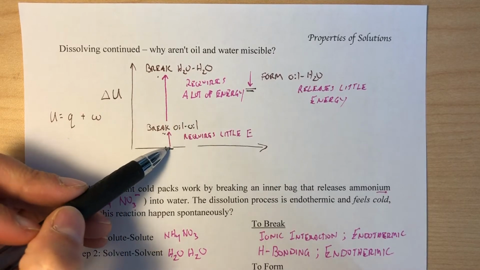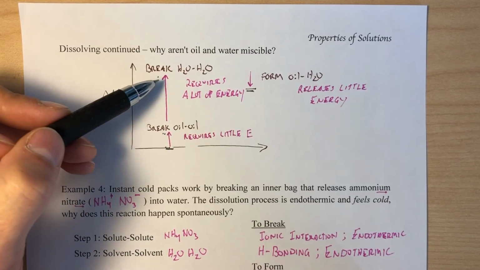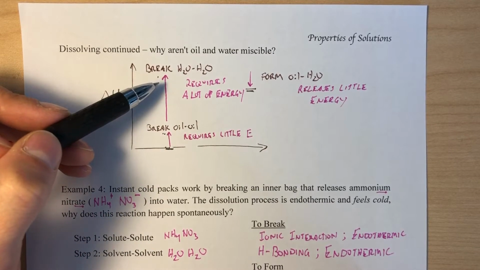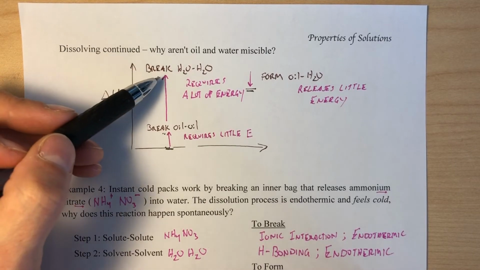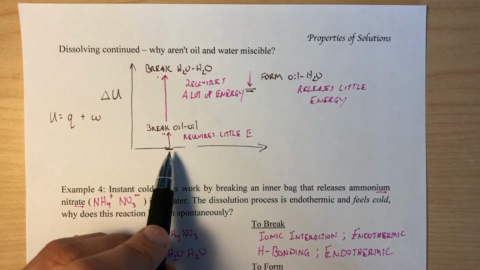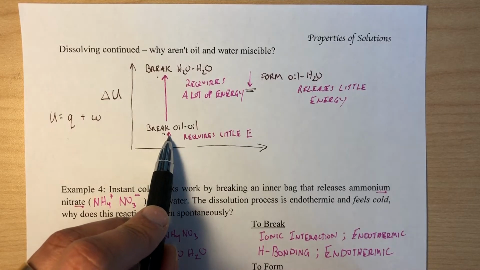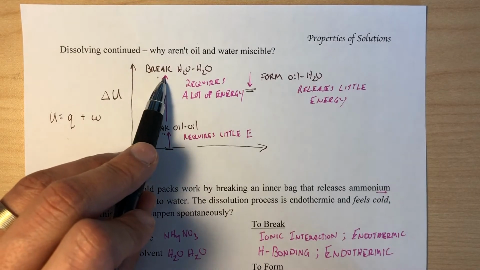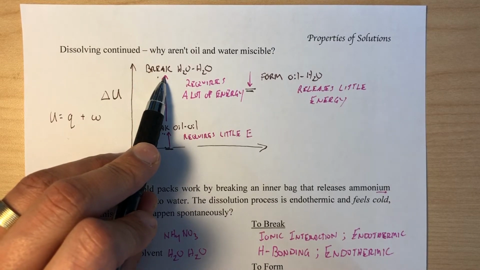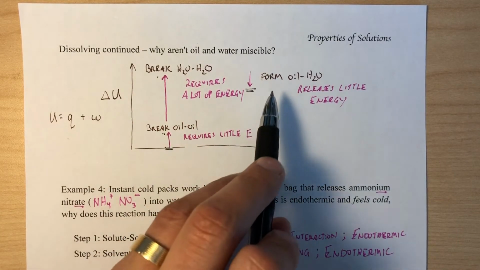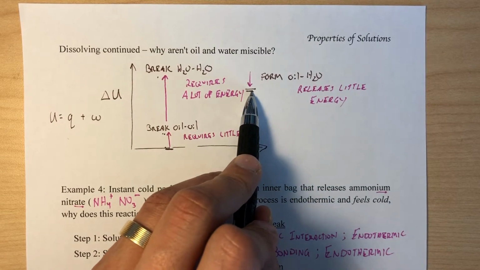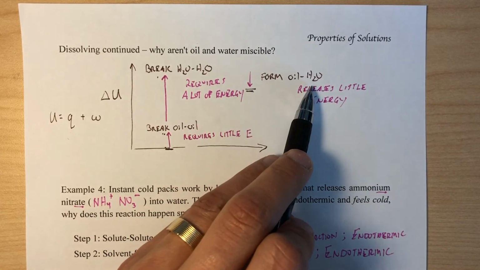So that's why we cook with oil. Oil doesn't evaporate. That's why we are able to dry off and evaporate water easily. But in any case, for the purpose of this explanation, we have very little energy required to break up a single intermolecular force for a nonpolar compound, and an intermolecular force is much more difficult for something like water. We then return and get back a little bit of energy from forming an oil and water interaction.